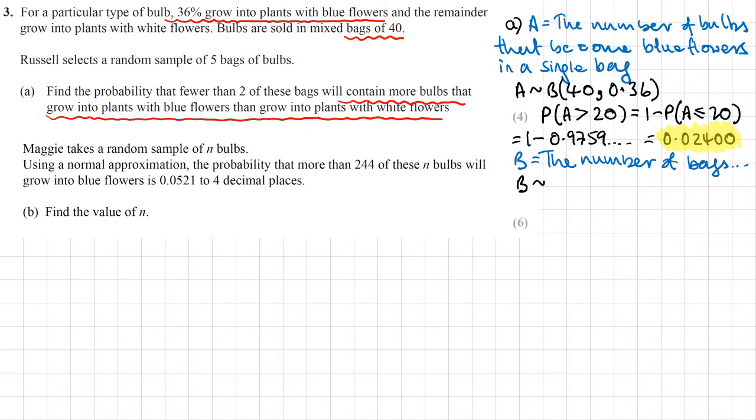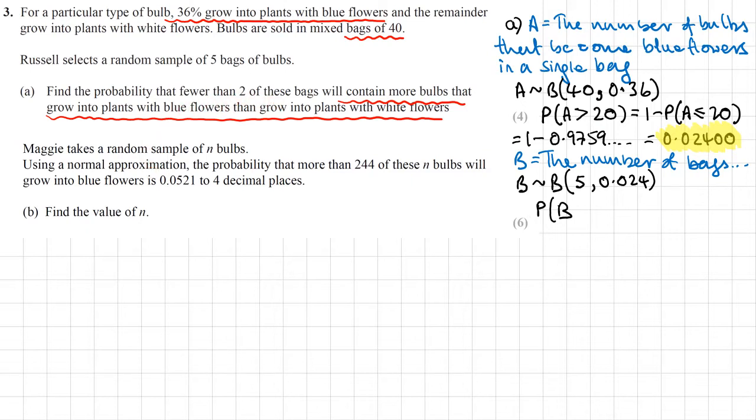So B is binomially distributed. This time the number of bags is 5, or my sample size is 5, and the probability that I'm going to get more of them become blue is this probability that I worked out here, and that's going to be that 2.4%, so it's 0.024, and I want to find a probability that fewer than 2 of these bags.